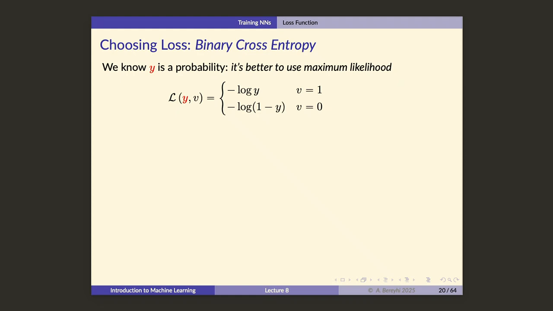So how do we define it? Look at the expression first. When v equals 1, then it's going to be minus log of y, or I can write it as log of 1 over y, right?